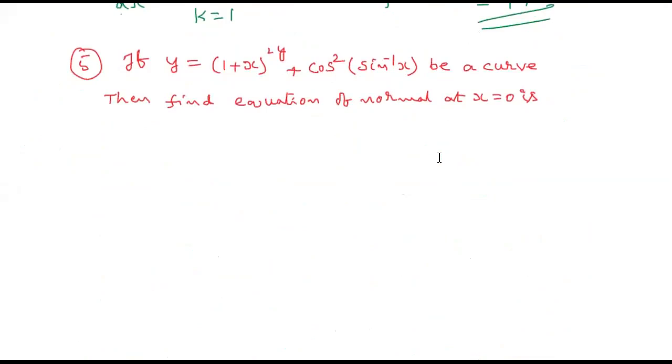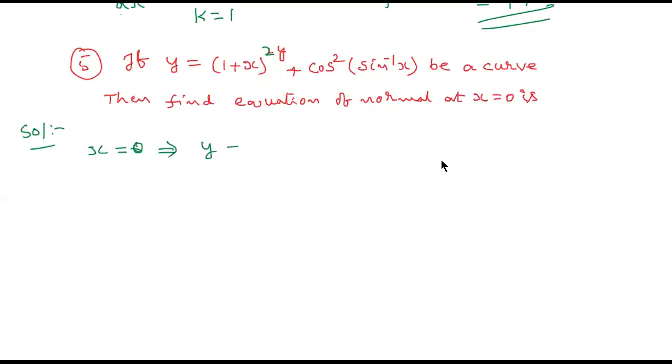This is a tangent normal related problem. So read the question, what they are given. Y is equal to 1 plus x whole power 2y plus cos square of sine inverse x be a curve, then find the equation of the normal at x is equal to 0. If x is equal to 0, then what happened? Find out the y value.